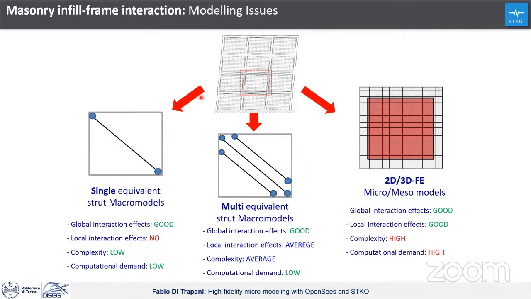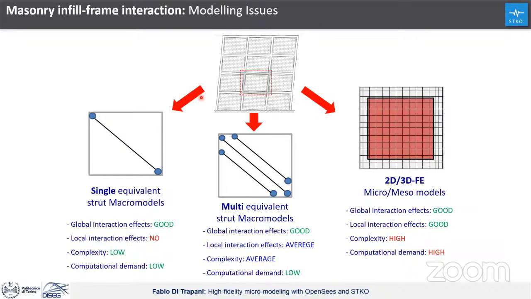For the analysis of infilled frames, we have basically three approaches: the equivalent strut, the multiple strut, and the micromodels. The equivalent strut is the simplest, has a lower degree of complexity and lower computational demand.